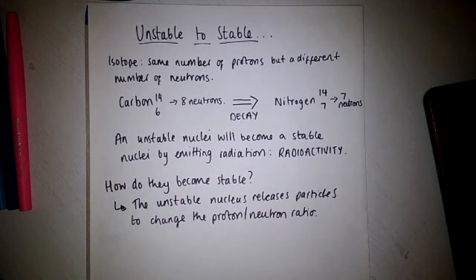This is really important. This has to happen. Obviously, we know that if there's a big ratio difference, that's going to make it unstable. So if we try and lessen the difference and make a much nicer balance between the protons and neutrons, that's when we're going to have a nice stable atom.